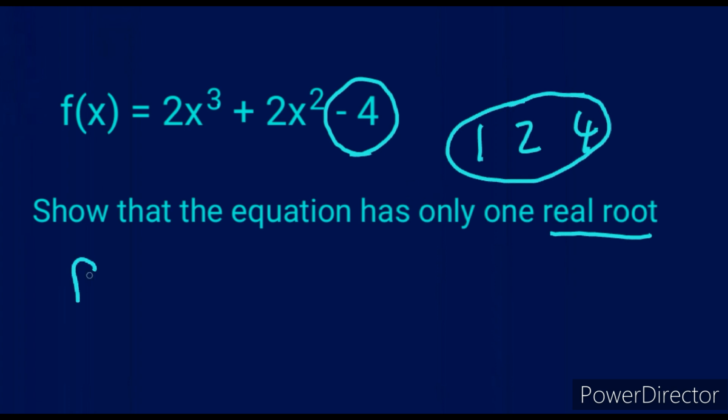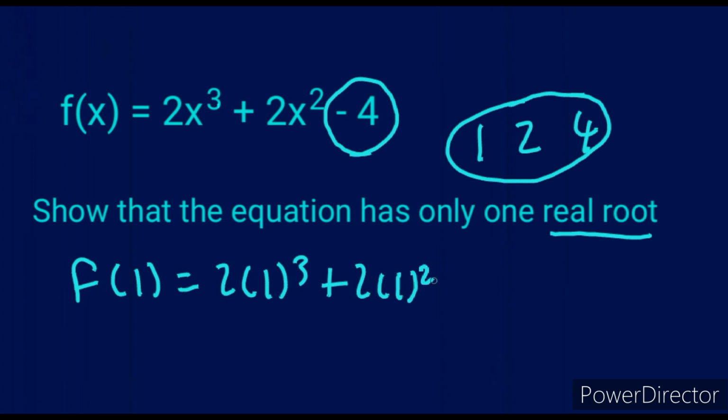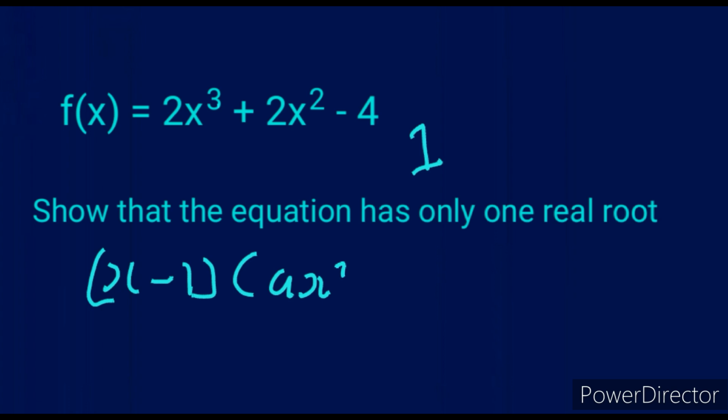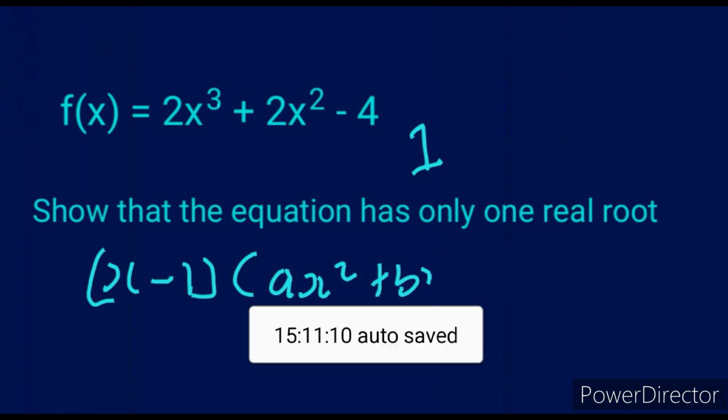So let's find out what f of 1 gives us. So f of 1, if we substitute 1, we'll have 2 into 1 cubed plus 2 into 1 squared minus 4. So this will actually give us 0, meaning that 1 is a factor. So if 1 is a factor, it means that x minus 1 is a factor. So then we're going to say ax squared plus bx plus c.